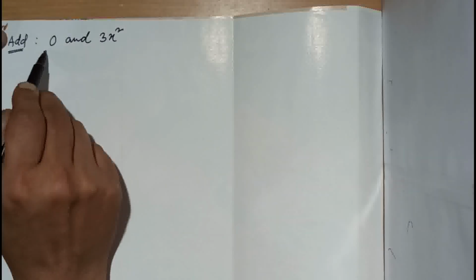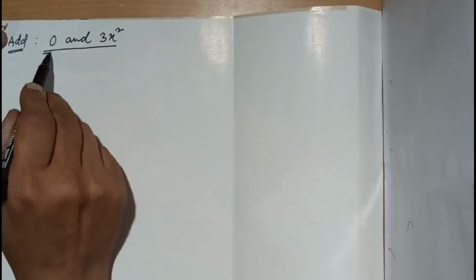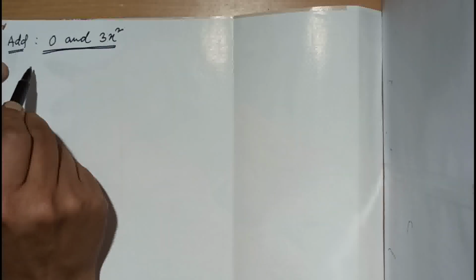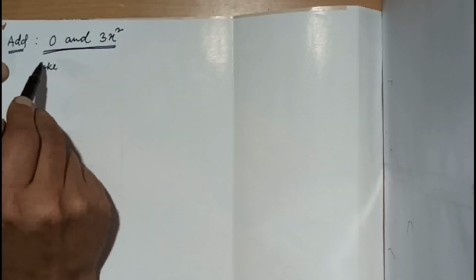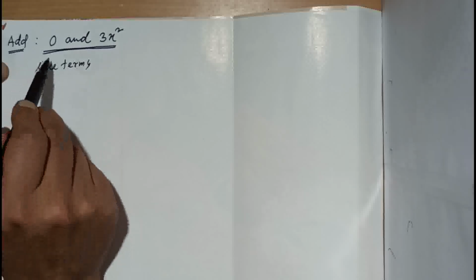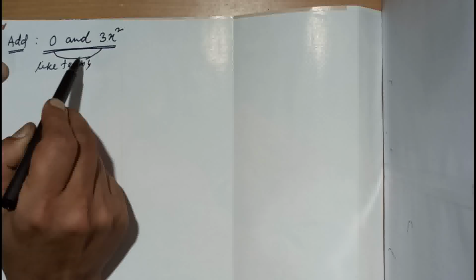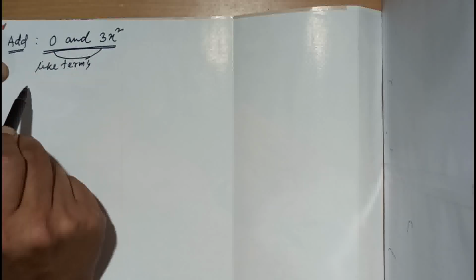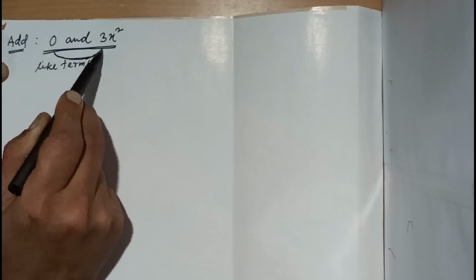So how can I add this 0 and 3x square? As you know, whenever we add, we need like terms. So are they like? They are not like. What do you think? Are they like?